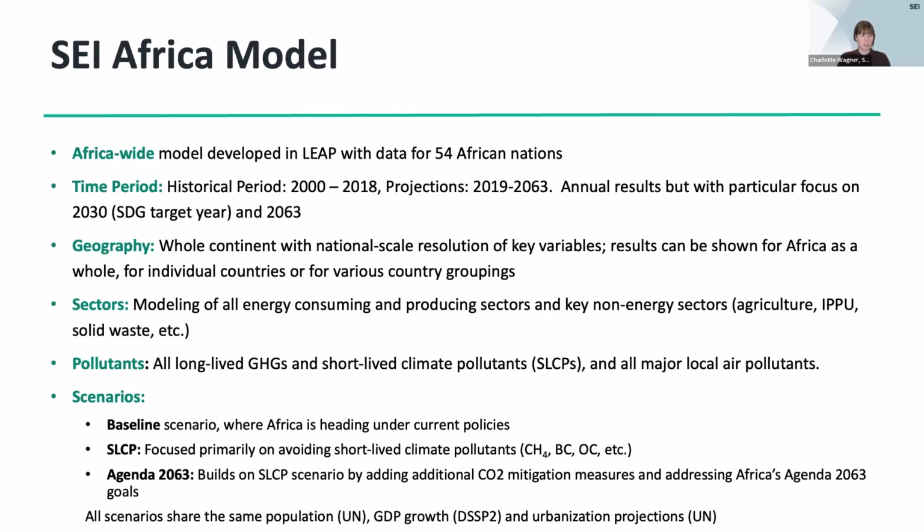And then the final, most comprehensive and ambitious scenario is the Agenda 2063 scenario, which builds on the short-lived climate pollutant scenario, but adds additional CO2 mitigation measures and really tries to address Africa's Agenda 2063 goals. And so the scenarios share the same population and GDP growth and urbanization projections, but they differ in ambition and policies that they explore.